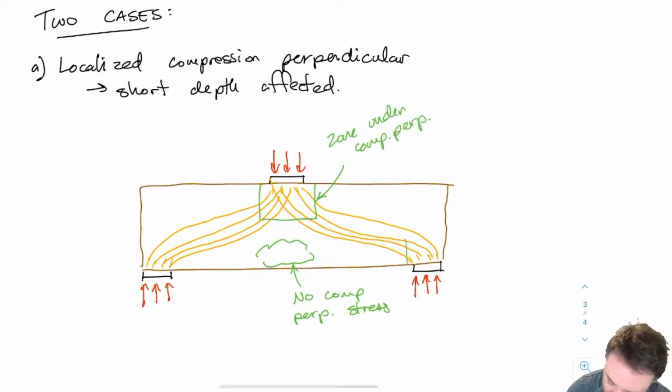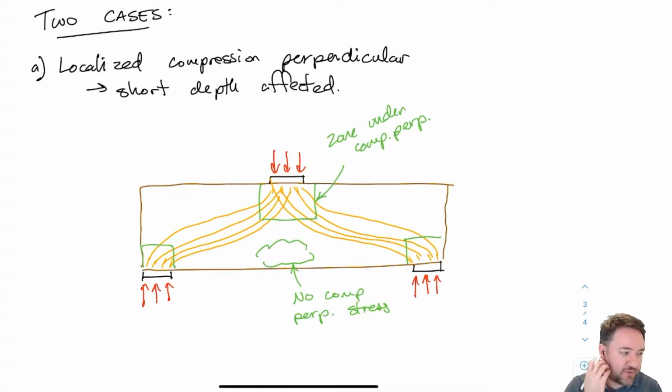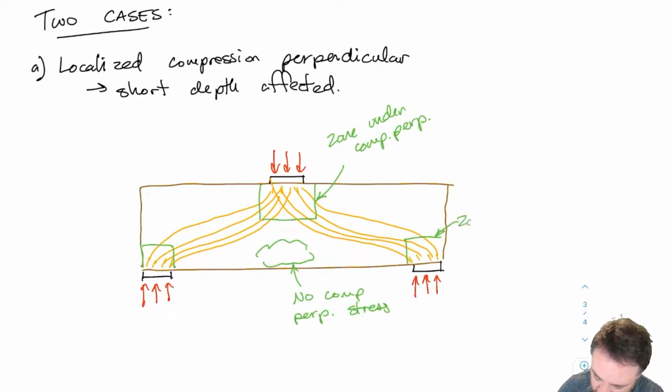And at the reactions, we'll also have a similar zone. Now, it's not going to be perfectly compression perpendicular throughout that zone, but let's say there's some effective zone where we have a significant amount of compression perpendicular forces, even though they're in the process of turning directions. So same here: zone under compression perpendicular.